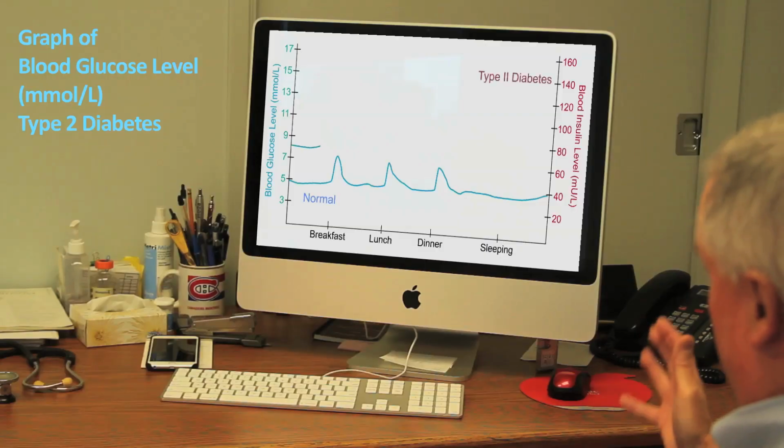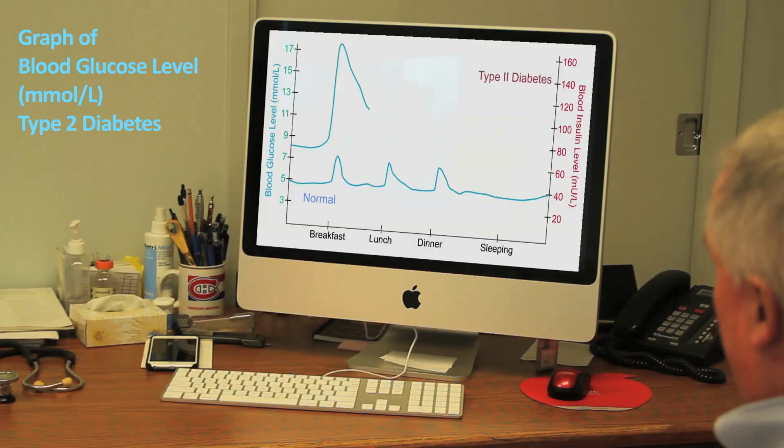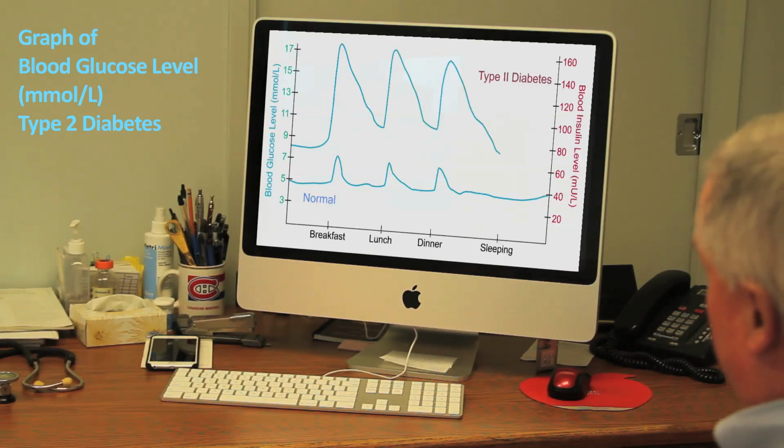In type 2 diabetes, insulin injections aren't always required, so the graph would look really different. Yeah, and remember that type 2 diabetes is a relative insulin lack. So it's quite a different graph. And here we go with showing glucose levels, again showing a bigger peak after a meal, not coming down to baseline quite as well, and generally being higher for longer after a meal.